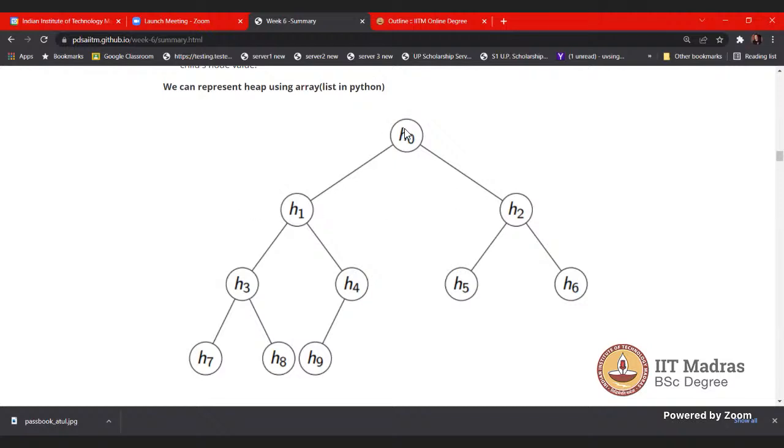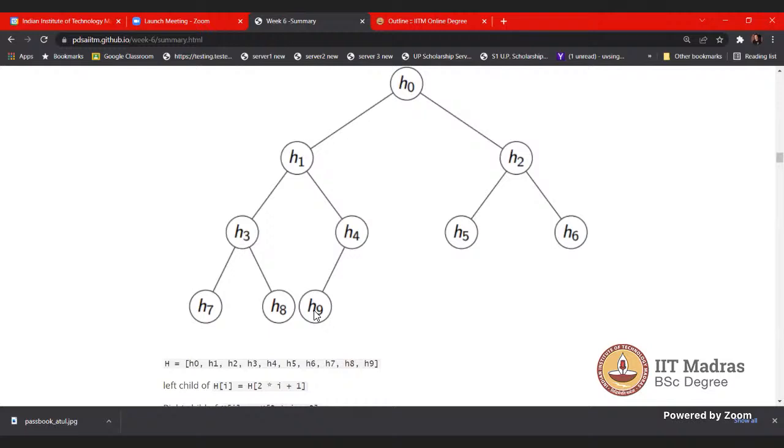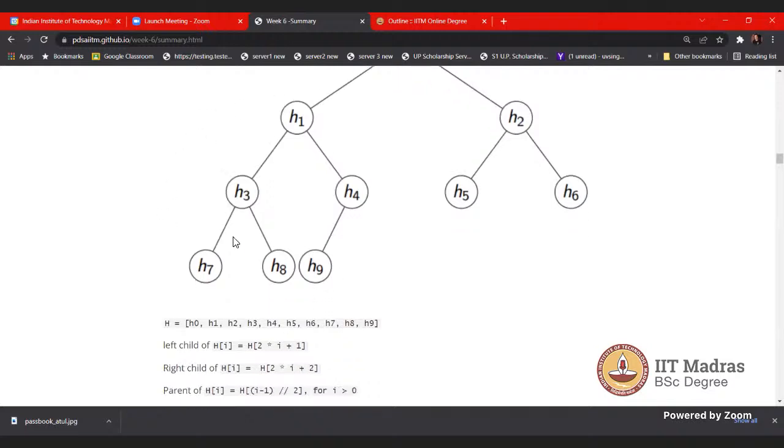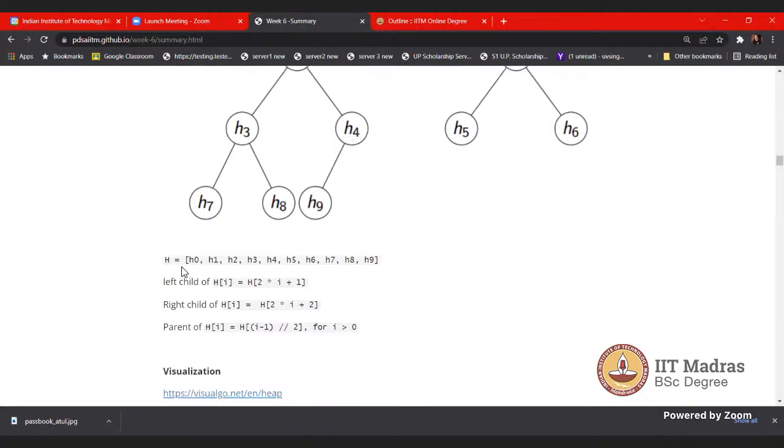We start from h0, then move to the next level from the left child to the right child. So h0, h1, h2, then the next level h3, h4, h5, h6, and then h7, h8, h9. In that way, we can represent this heap in our list structure.